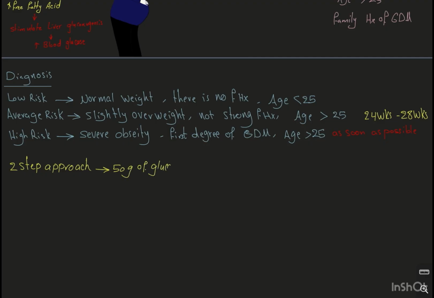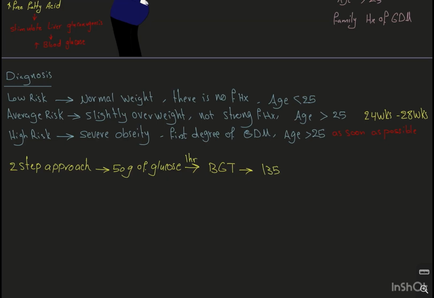The two-step approach begins with 50 grams of glucose. The pregnant woman will take it, and we don't care about her last meal, so she will come to us with her daily food and take in 50 grams of glucose. We will wait 1 hour, then we will take a blood glucose test.